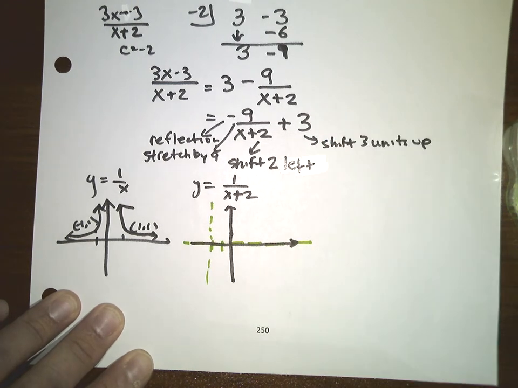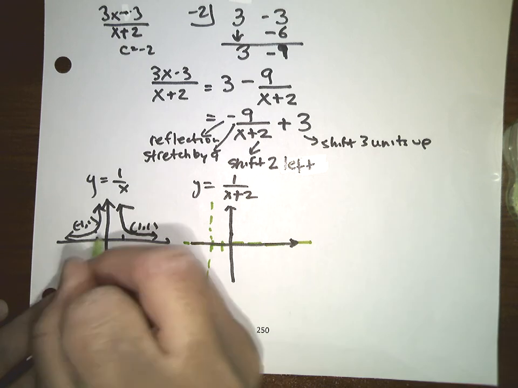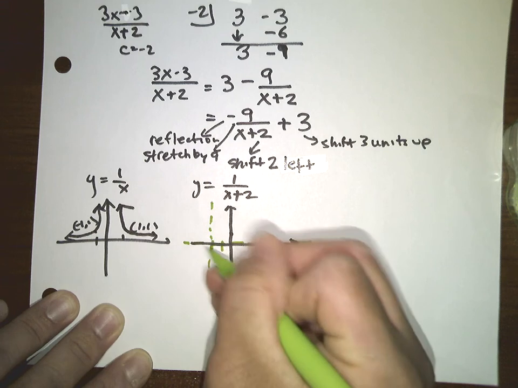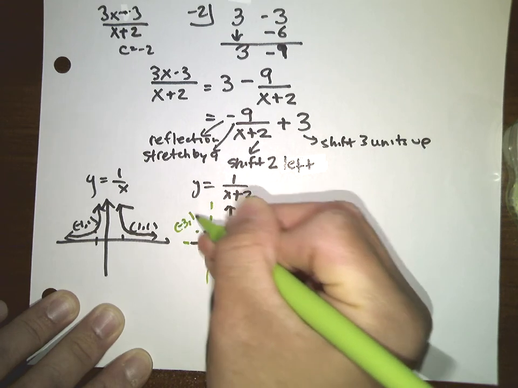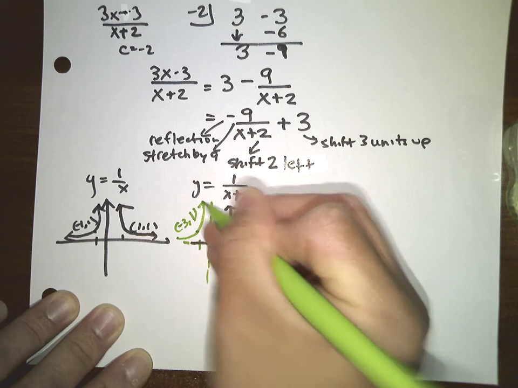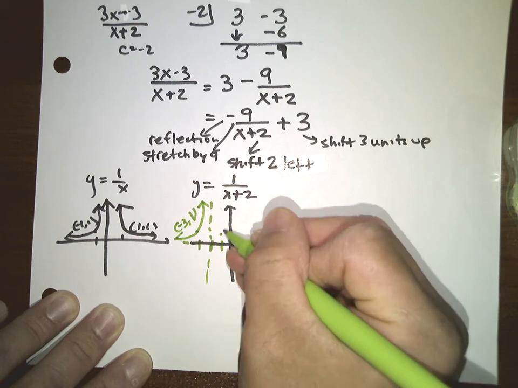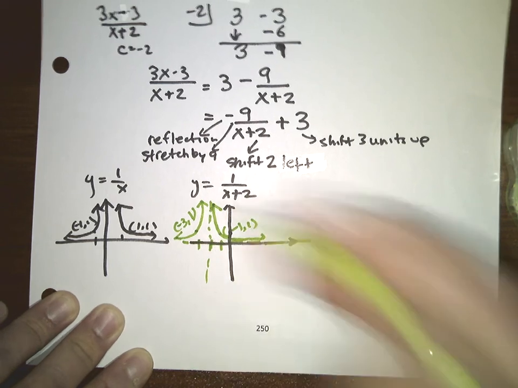Anyway, now if I shift this 2 units to the left, that means this is now negative 3, 1, and so the graph looks like this, and then we have negative 1, 1, so the graph looks like this.